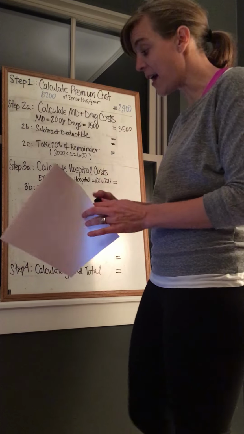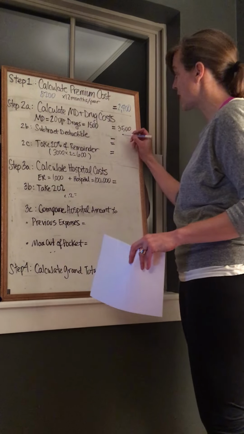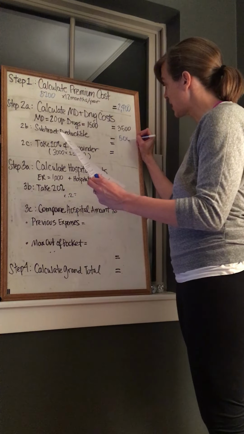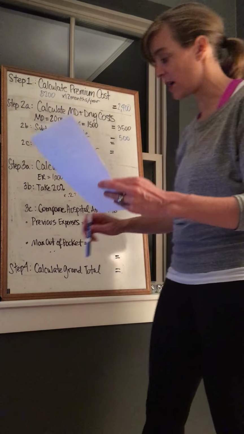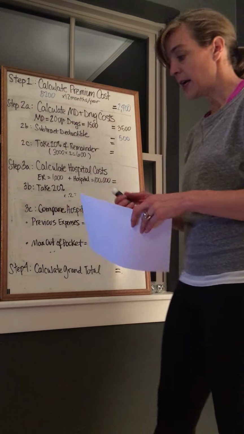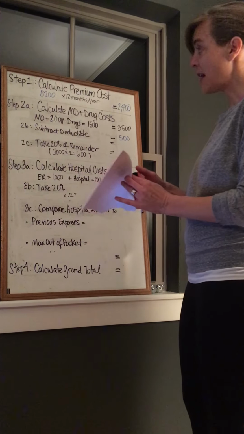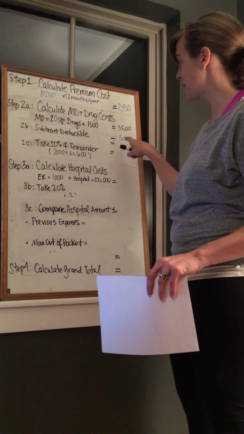Now, does this family have to pay $3,500? No. They pay their deductible, which when we look at the assignment, we can see they have a deductible for physician's visits and drugs at $500 a year. And then what we do, because they're on an 80-20 plan, is that we take 20% of the remainder.